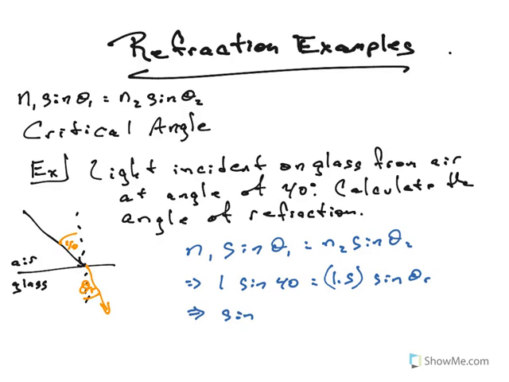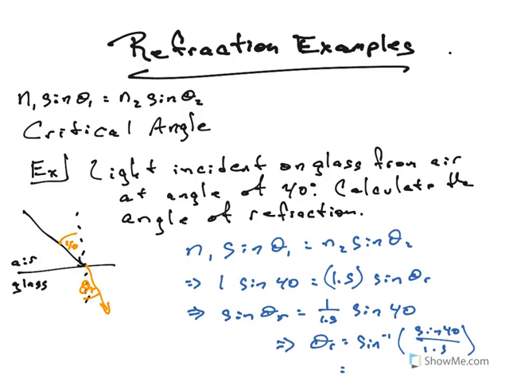So I have sine theta r is 1 over 1.5 sine 40, which says theta r is the inverse sine of sine 40 over 1.5, which is 25.4 degrees.